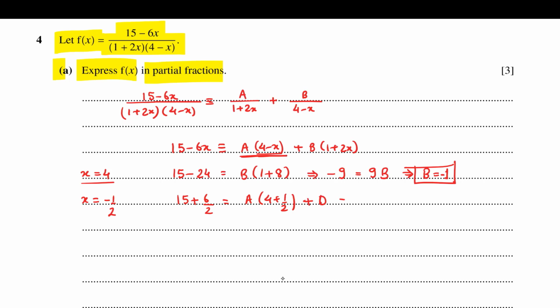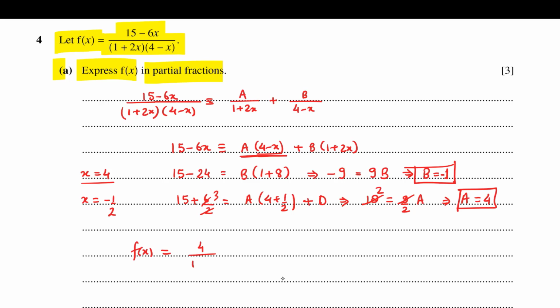Now let's simplify. 15 + 3 is 18, equals 4 twos are 8 plus 1, 9/2 A. This got cancelled and we are left with A = 4.